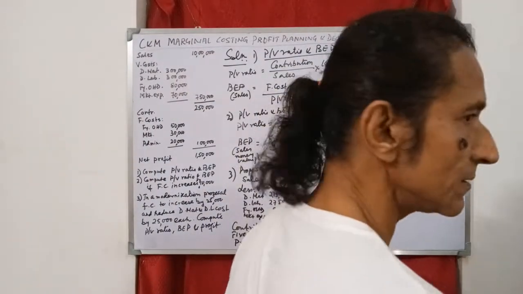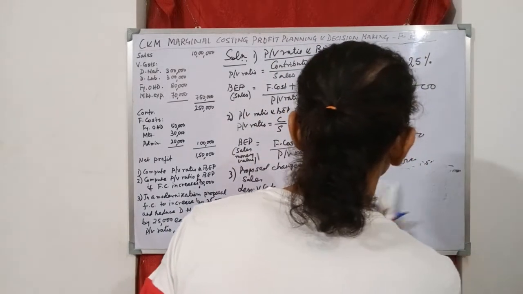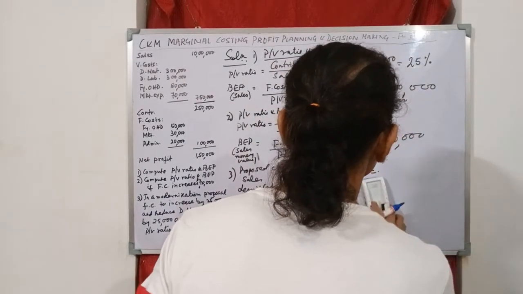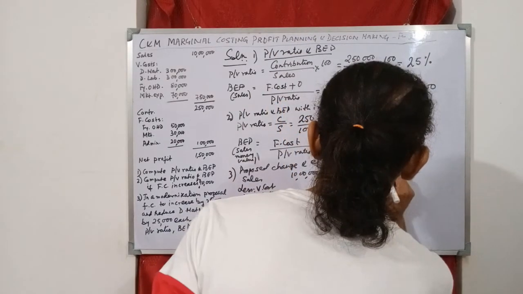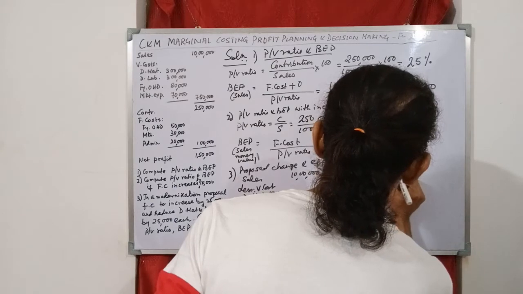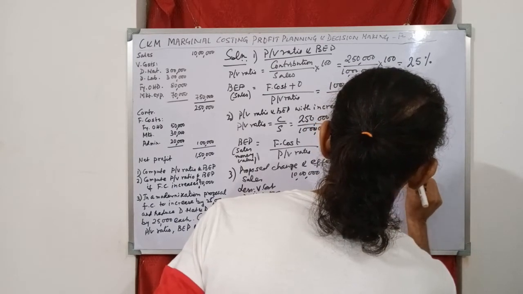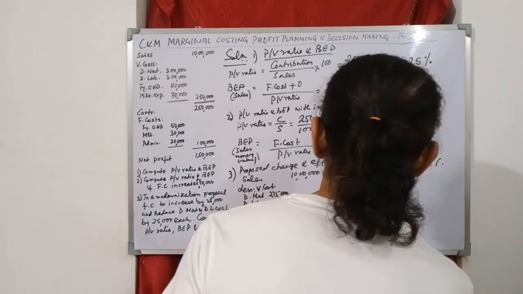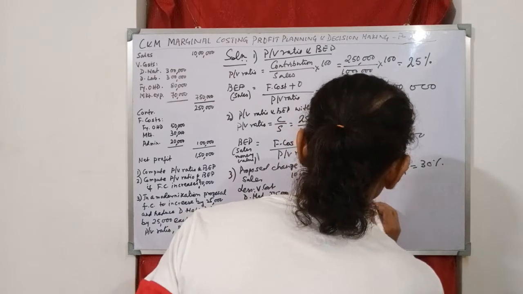Sorry, I beg your pardon, I have to erase this part. PV ratio is equal to 3 lakh by 10 lakh, 30%. Therefore, BEP, I made both in one step.